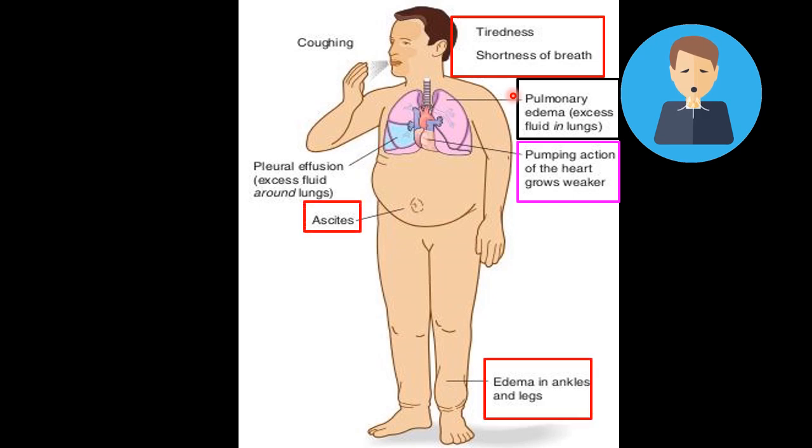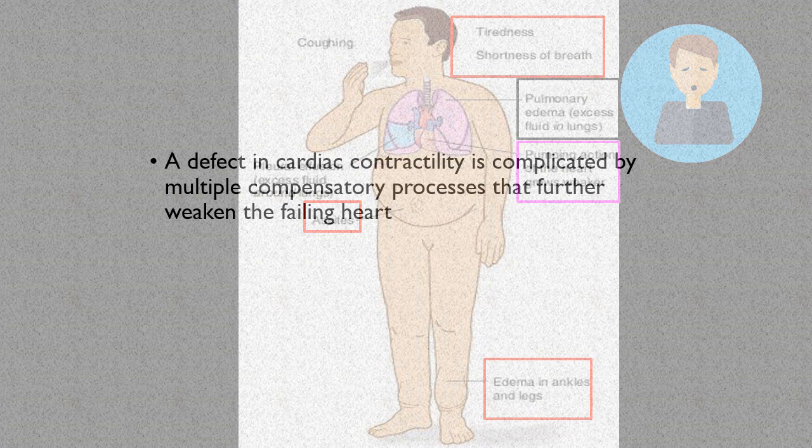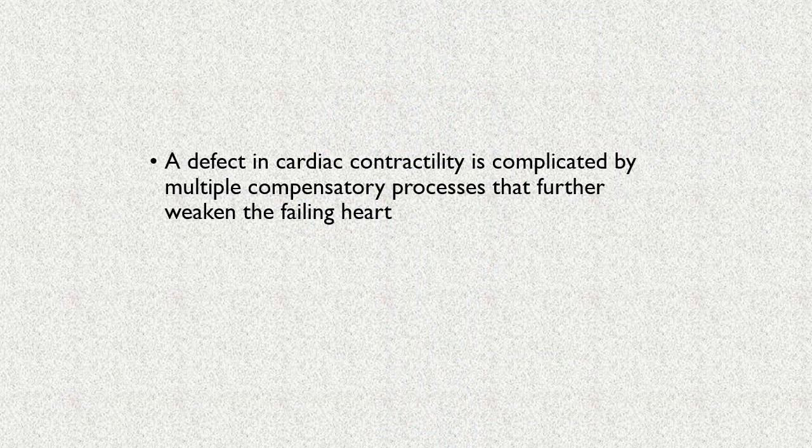And due to right-sided heart failure, patient will be having peripheral edema presenting as edema in ankles and legs, that would be the pitting type, and ascites as well. So when the heart is not pumping properly and cardiac output is not sufficient to meet the requirements of the body, multiple compensatory processes will start in the body, which will further weaken the failing heart.